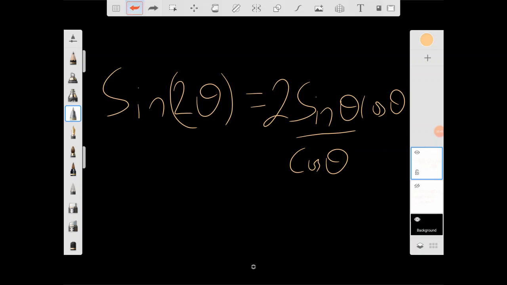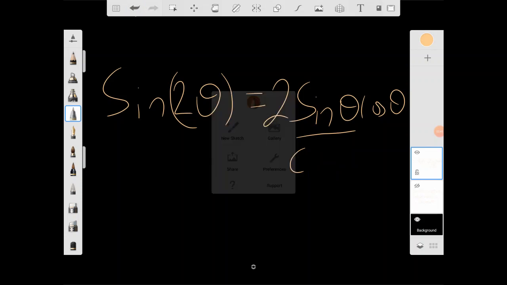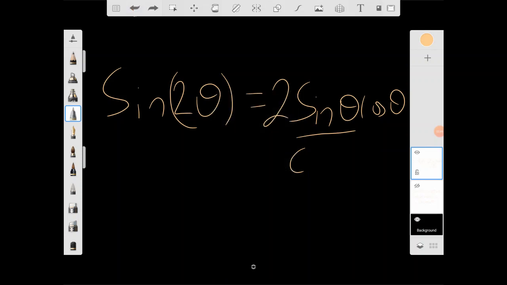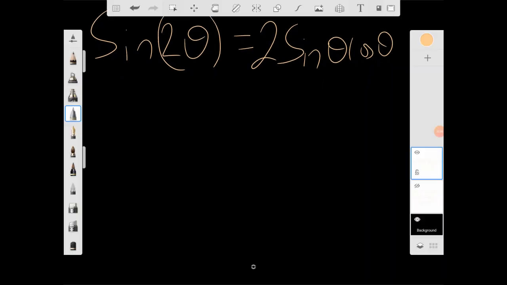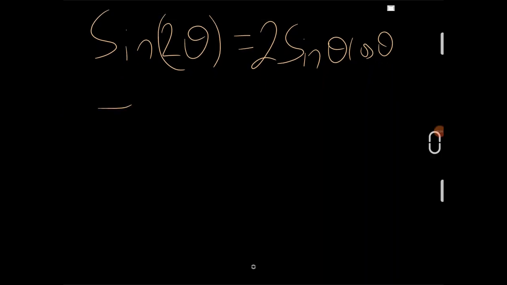So what I'm going to do is divide the whole thing by cos square theta. So what happens?